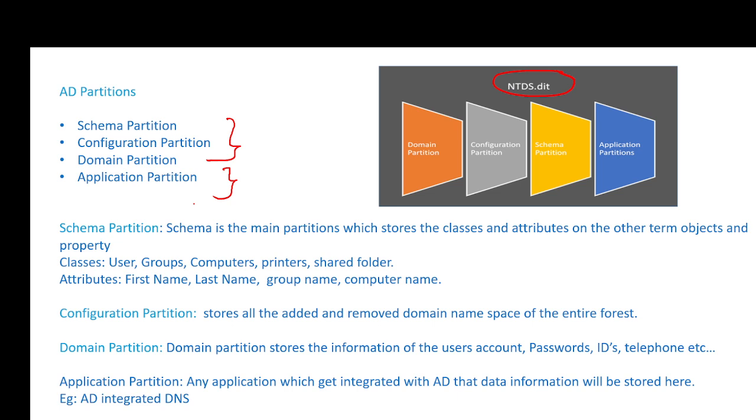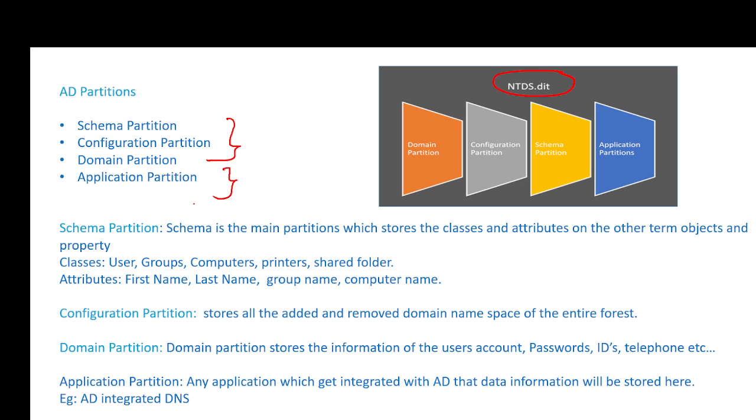And the configuration partition stores all your added or removed domain information. Say for example, you have Tata Group as a forest. Under that there are Tata Motors, Tata Steel, and many other departments.